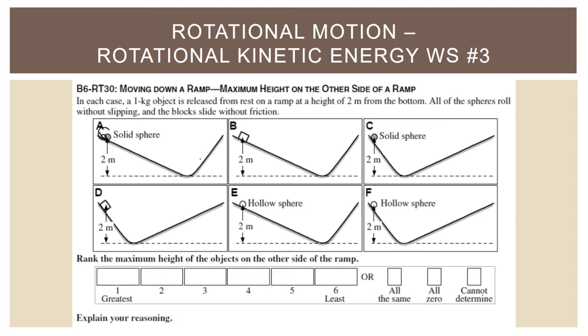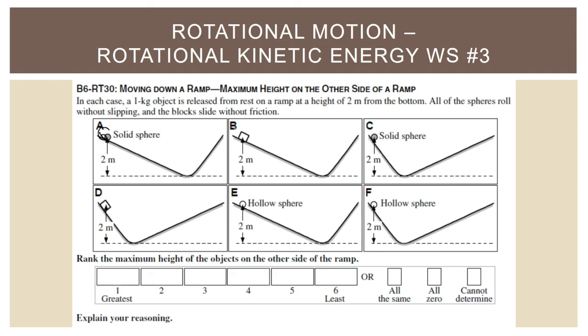When they slide up the ramp, friction is going to be putting a torque on these objects. The difference is the torque on the way up the ramp is going to be opposite the direction of the angular velocity. When an object is on a ramp and it slows to a stop, it stops rotating.